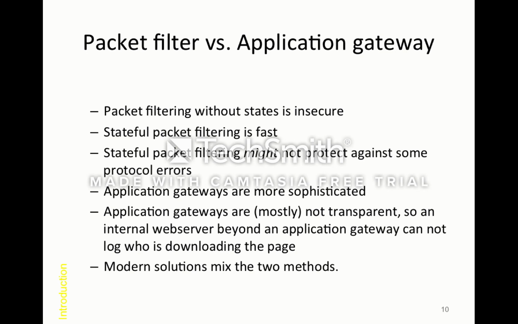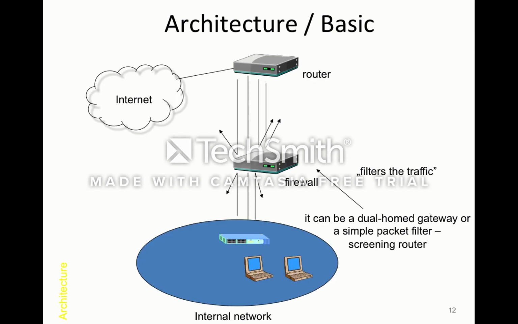Let me give you a small architecture overview of both of these. Basically, this firewall is a place where we can have a packet filter or an application gateway. This is the place exactly. And as I'm telling you, we are using a mix and match of these.